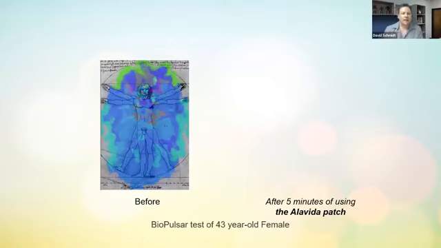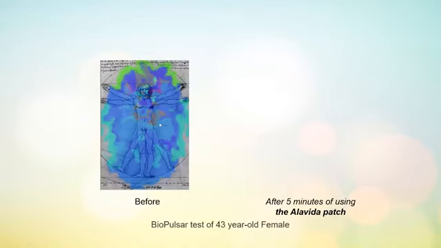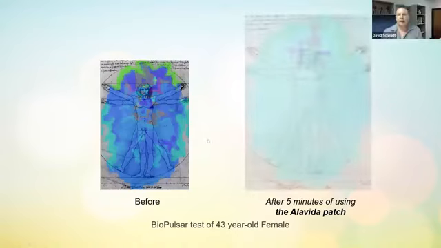Okay. And this woman, I happen to know, was suffering with a number of very significant health problems. So hence these readings. And this is a good time to say, we're not making any medical claims here. All we're looking at is the way bioelectrical energy flows through the body.